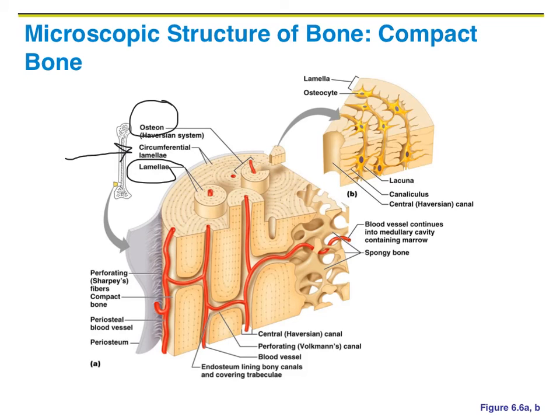In the center of an osteon, you'll see the central canal, which contains nerves and vessels. Canals that run at right angles to the central canal are referred to as Volkmann's canals or perforating canals.